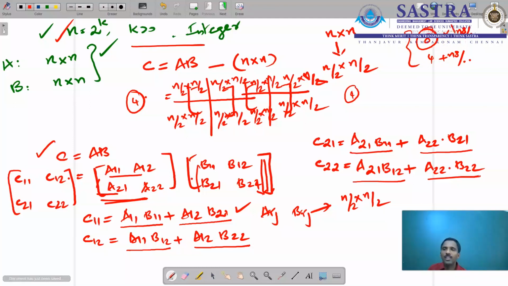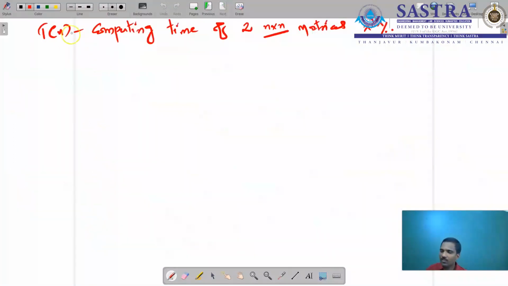Now let's include the count of 8 multiplications and 4 additions so that the computational time T of n is represented as 8 into T of n by 2 plus A into n square.